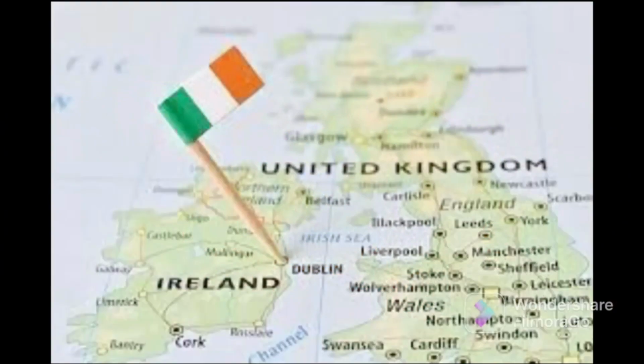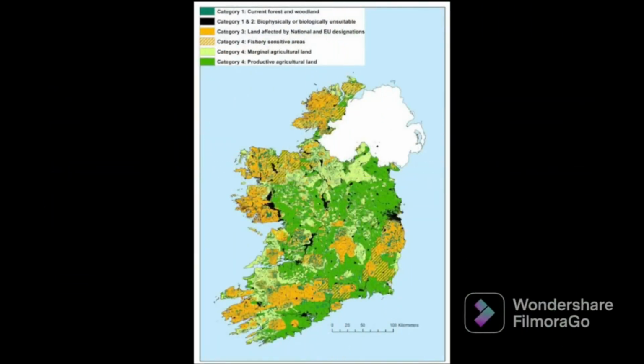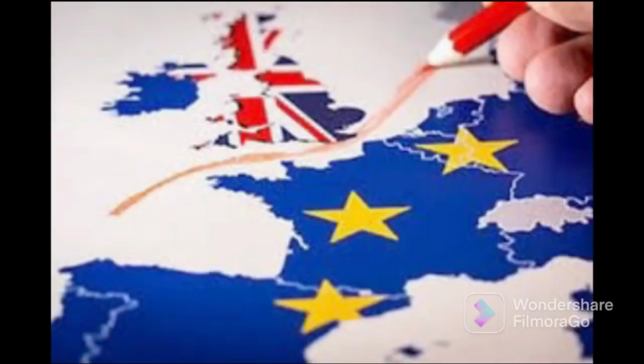Ireland is the second largest island of the British Isles, the third largest in Europe and the 20th largest on Earth. The Republic of Ireland, local name Poblacht na hÉireann, is a state in Western Europe, occupying five-sixths of the island of Ireland in the North Atlantic.